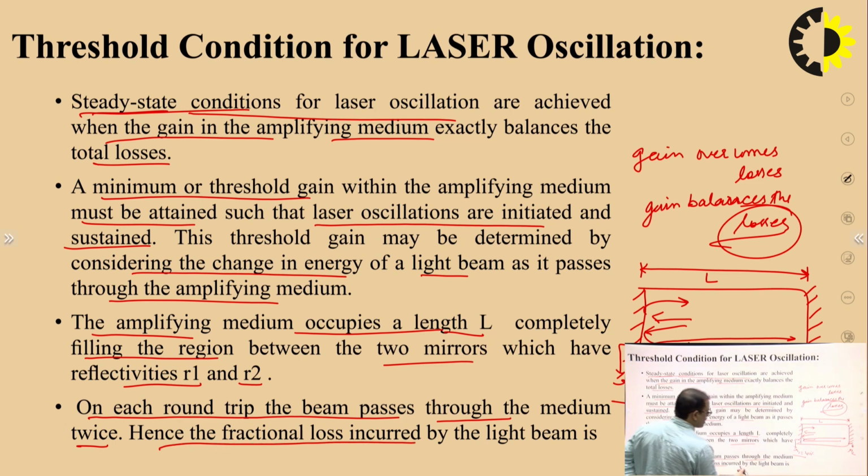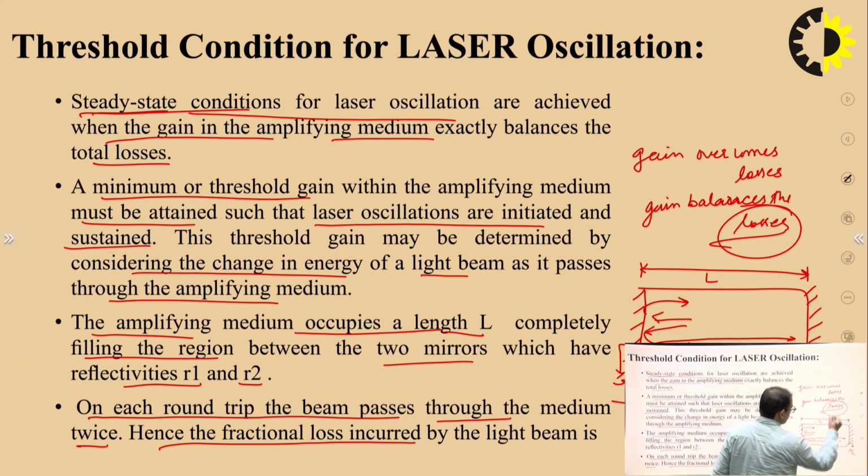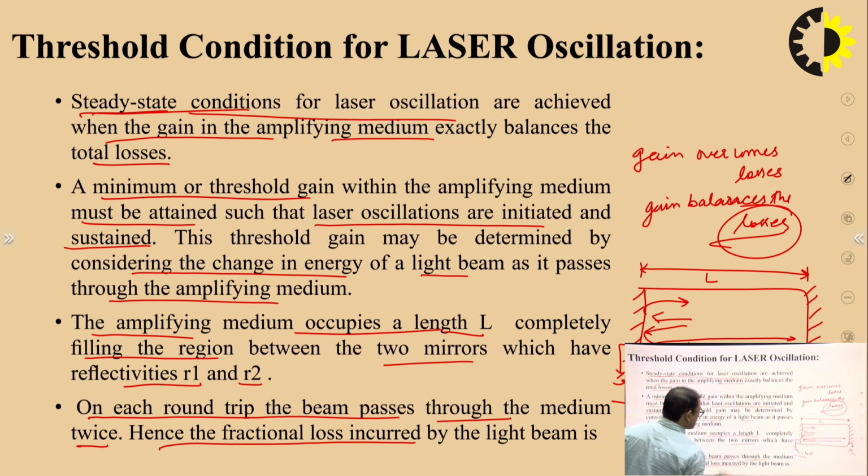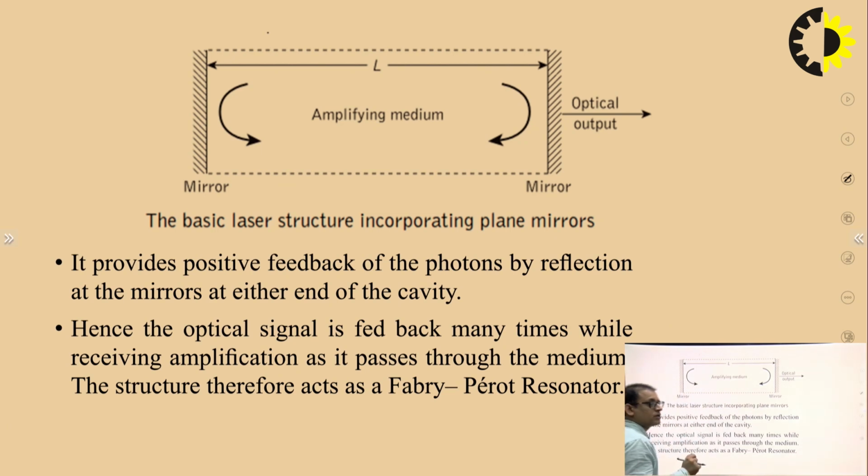The fractional loss incurred by the light beam will also be there. What will the losses be? The energy absorbed by the reflective mirrors. Clear? And some of the photons are also lost in the amplifying medium. So that is also a loss.